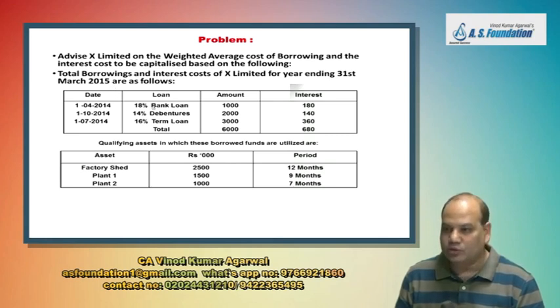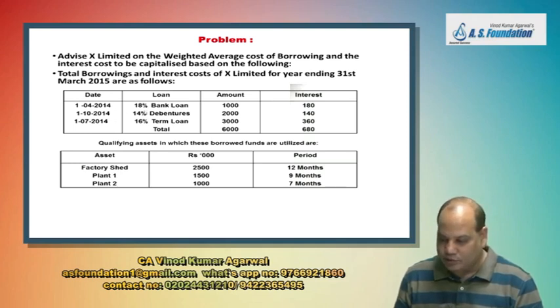So there are 3 loans, one for 2004, one 10 2004, one 7 2004 in your notes. And the interest rates are also different: 18% bank loans, 14% debenture, and 16% term loan. These are the amounts, 1000, 2000, 3000.